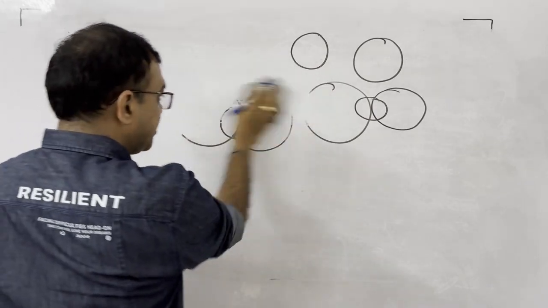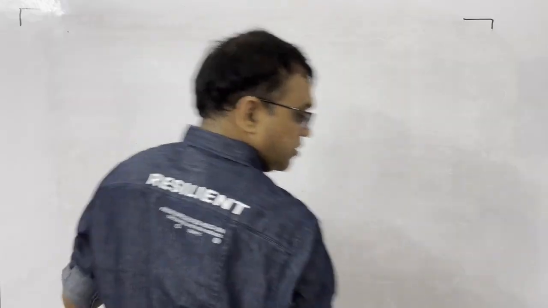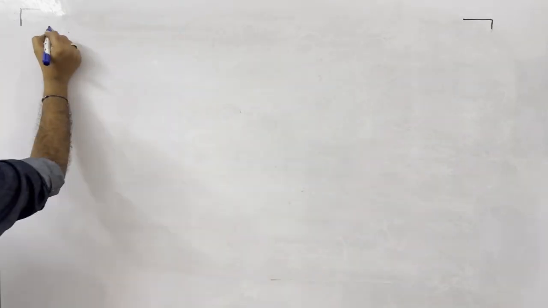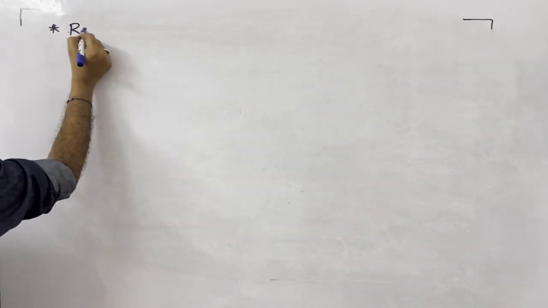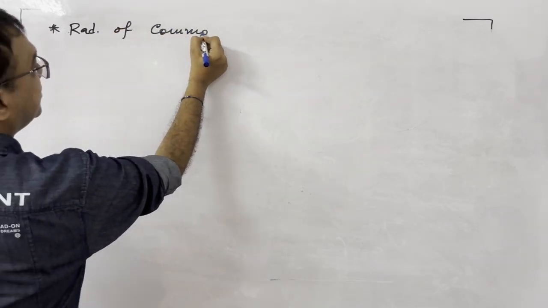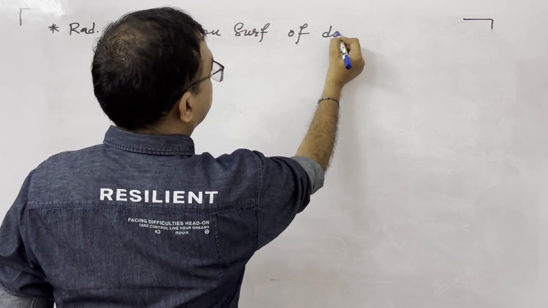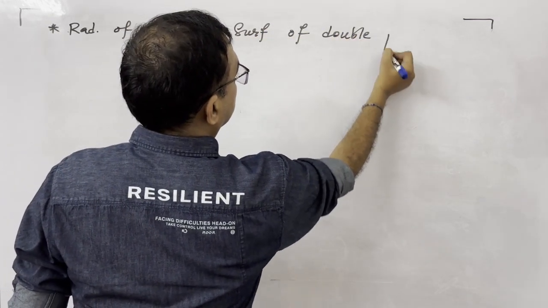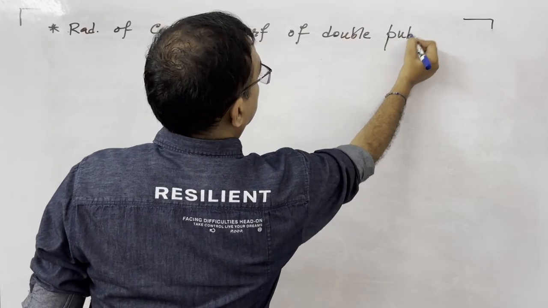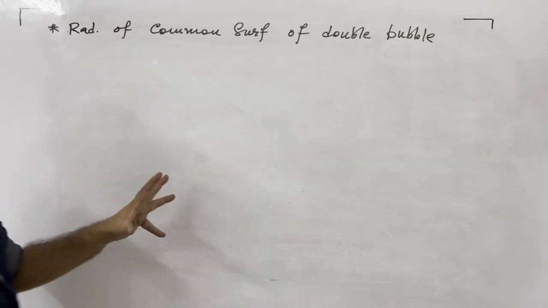Once again I am telling you what we are going to do in this part. We call it the radius of the common surface of a double bubble. Right? So what is there?